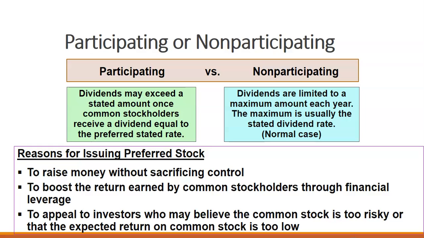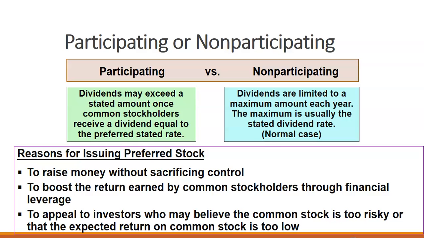We can also have participating and non-participating preferred stock. So with participating preferred stock, dividends can exceed a stated amount once common stockholders receive a dividend equal to the preferred stated rate. And in non-participating, dividends are limited to a maximum amount each year, and that's the stated dividend rate.